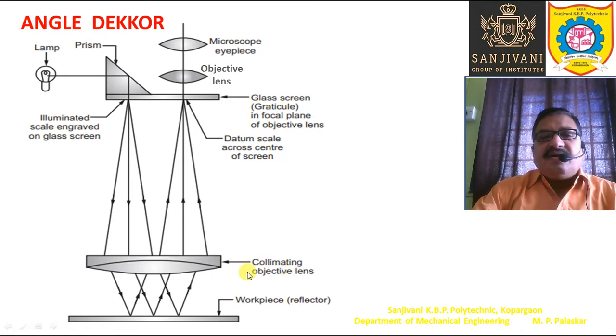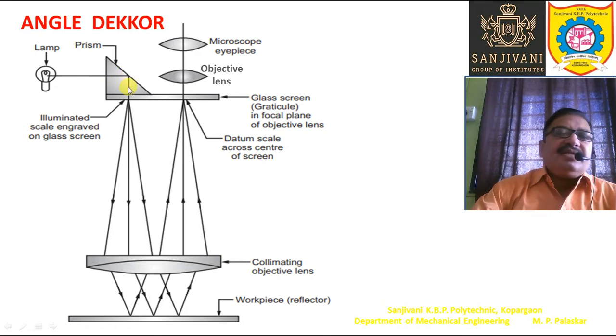This is the workpiece or the reflector, whose angle is required to be measured or compared. This is nothing but a source of light, and this is a prism which will divert the path of the light by 90 degrees, and this is nothing but a glass screen.